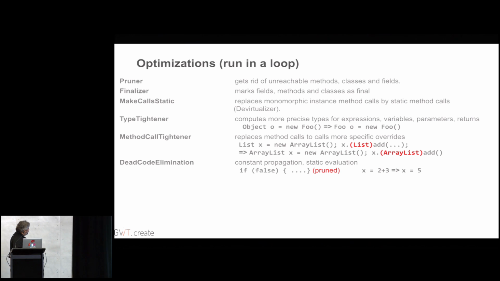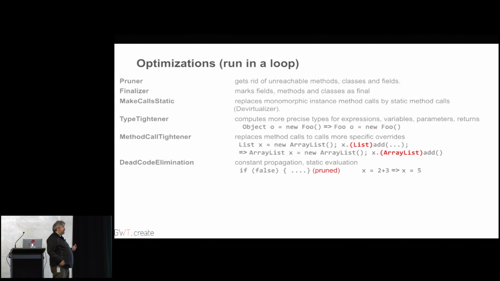So, dead code elimination. This is a pass that performs what's known in compilers as constant folding and propagation, static evaluation, and dead code pruning. That's three things. For statements, it prunes things that are unreachable. For expressions, it tries to statically evaluate constants. It can also statically evaluate string operations.